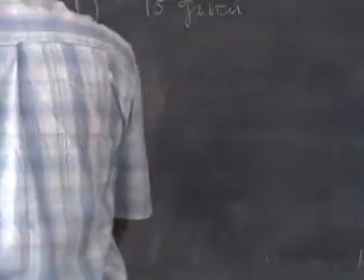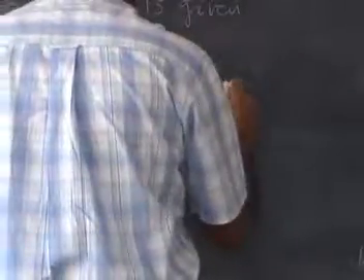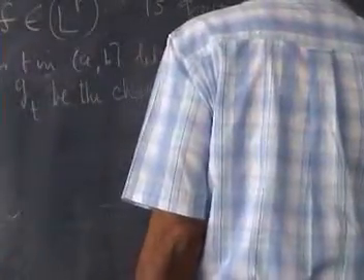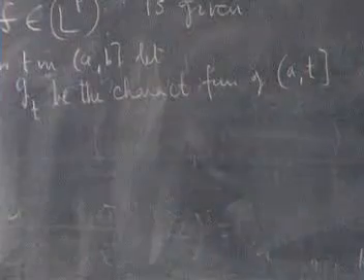Let Gt, for t in A to B, let Gt be the characteristic function of A to t. You will see the reason why finally I put open in there and close there and so on. It will come out automatically in the explanation.